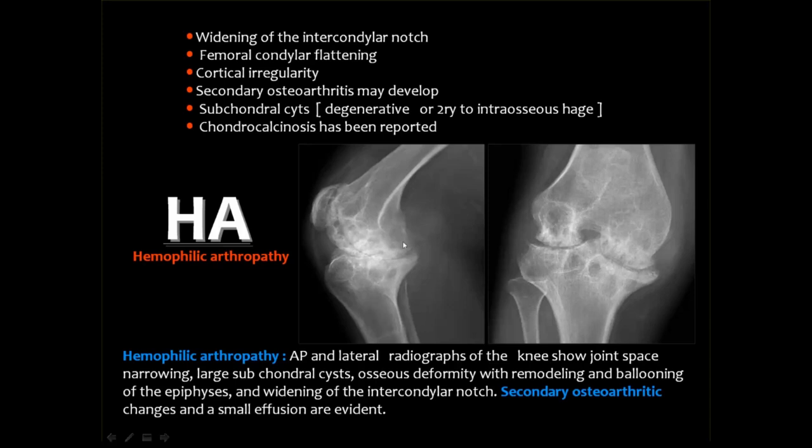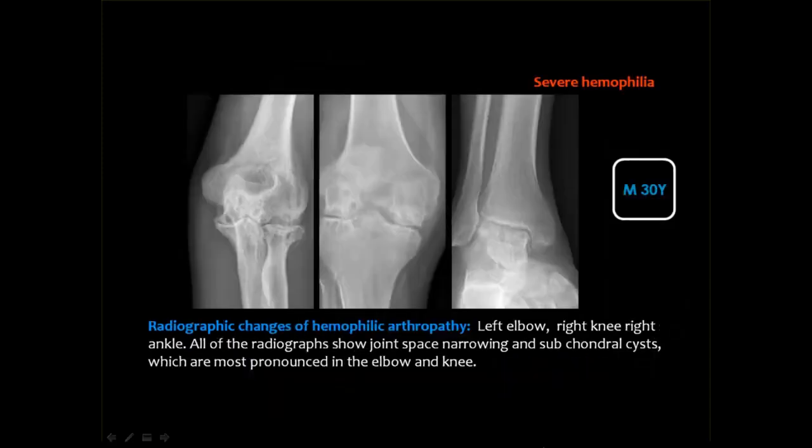And many times in the exam, they want you to have a look, especially in the knee, of course, for the intercondylar notch, if it is wide, and you may consider this as one of the findings of hemophilia, and then you correlate with the rest of the imaging findings, and you may reach the diagnosis of hemophilic arthropathy.